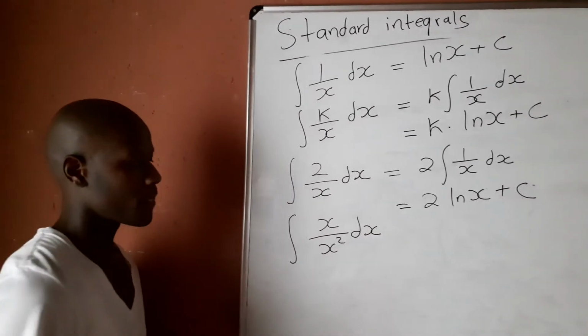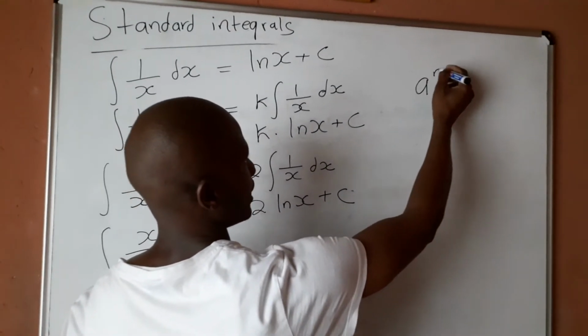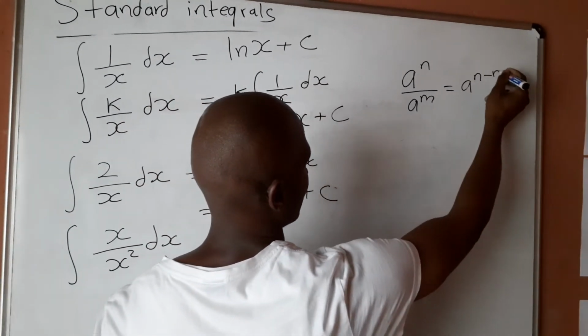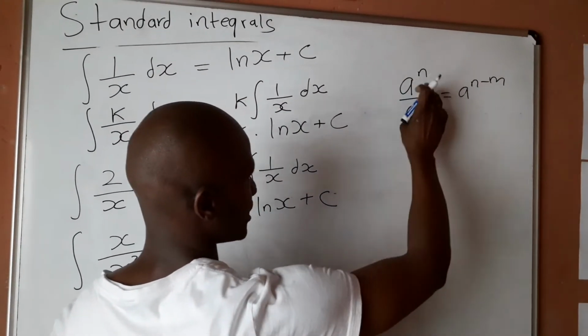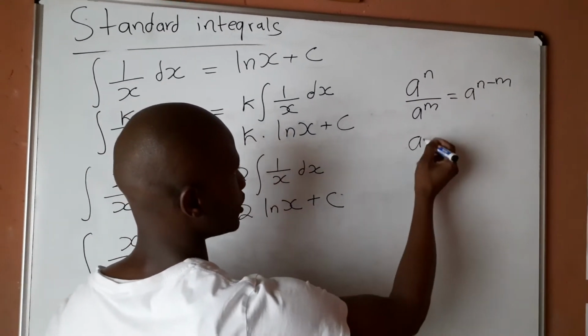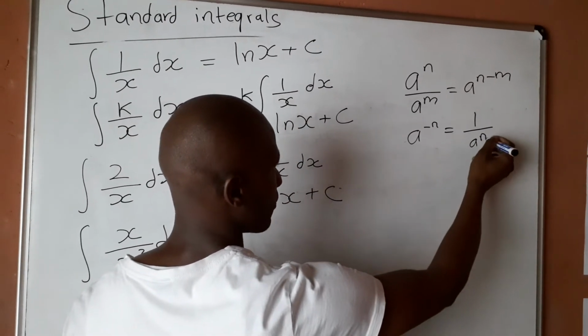Guys, remember, laws of exponent. A to the power m divided by a to the power n is equal to a to the power m minus n. When we divide the same base, we subtract the exponents. And another law of exponent, a to the power negative n is the same as 1 over a to the power n.